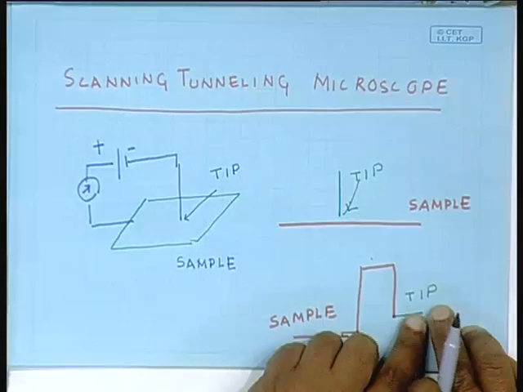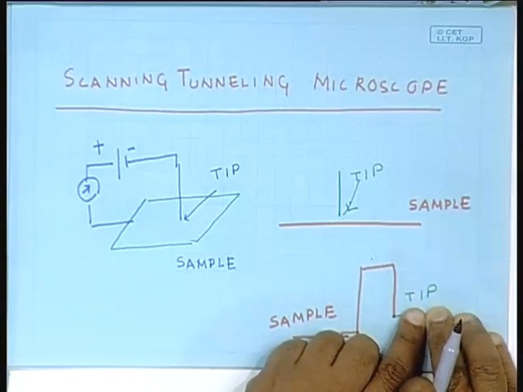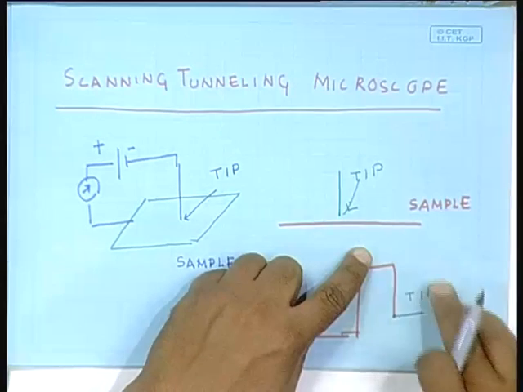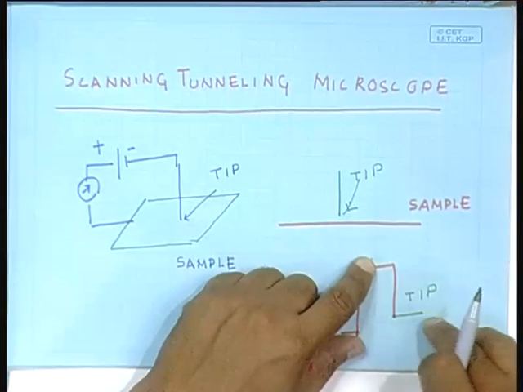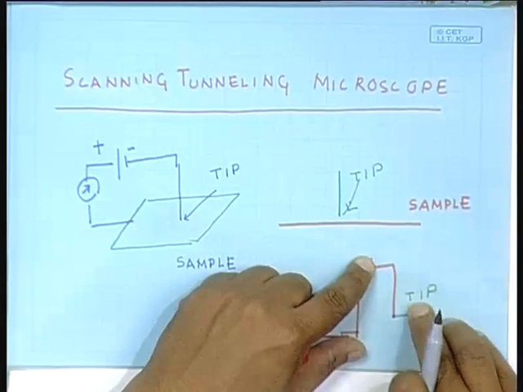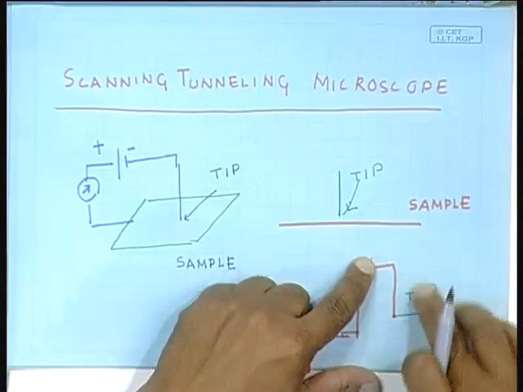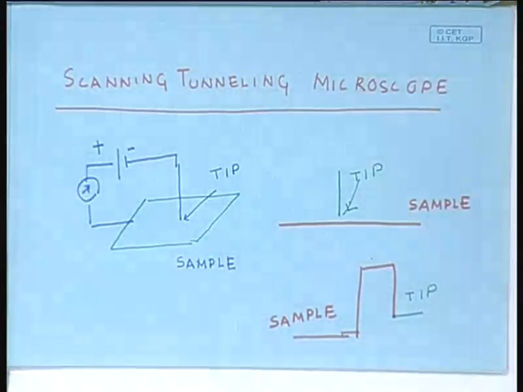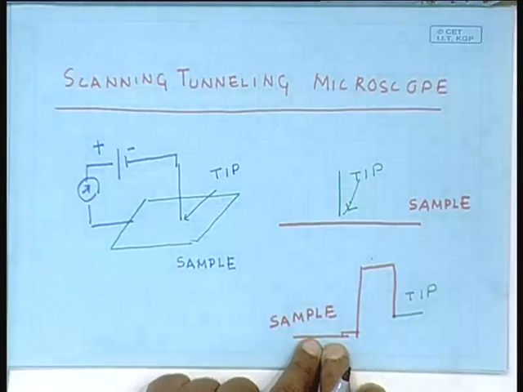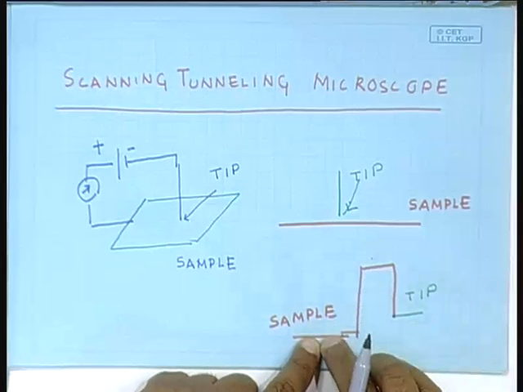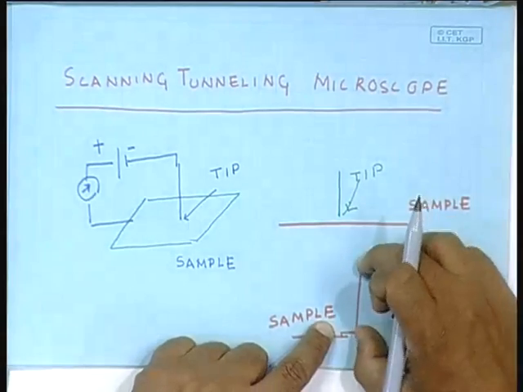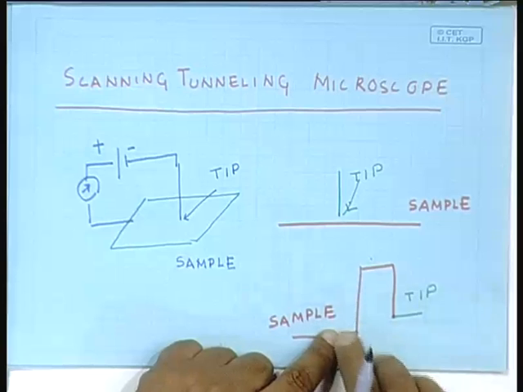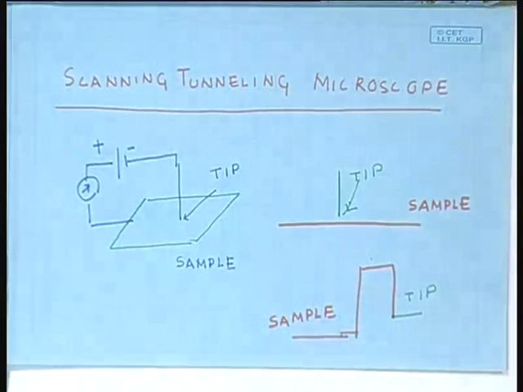So, an electron inside the tip is at a lower potential than a free electron. If the tip were metallic, for example, and you wanted to get the electron out, you would have to give it this much energy, and this is what is called the work function. Similarly, an electron inside the sample is also at a lower energy than an electron outside, and you would have to impart this energy difference if you wanted an electron to come out from the sample.